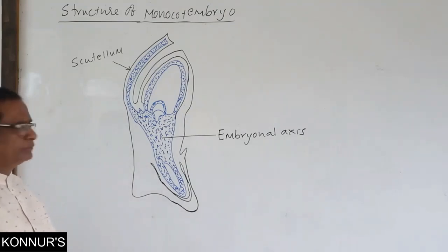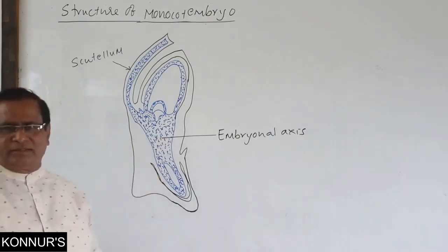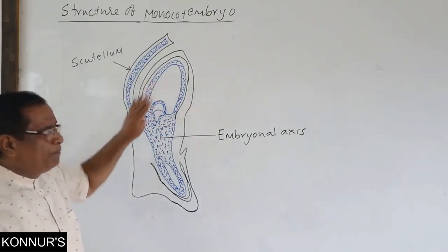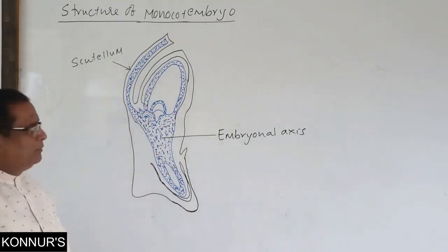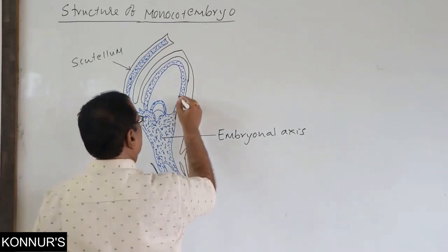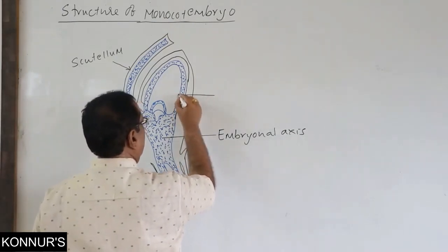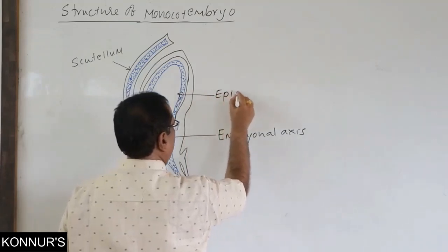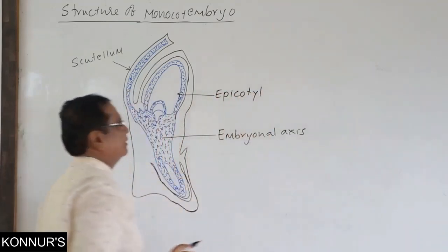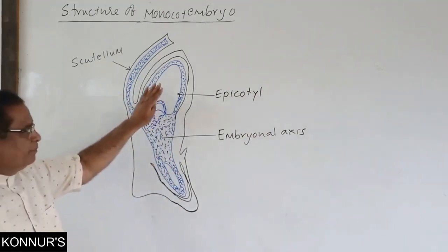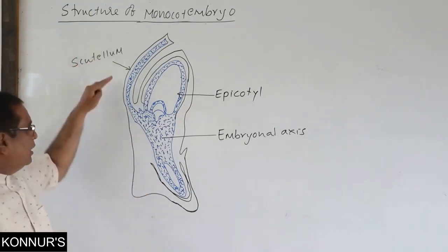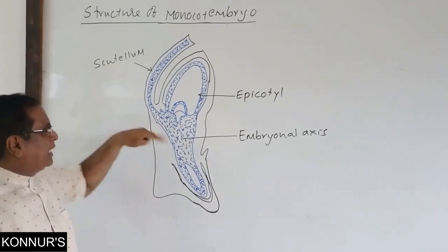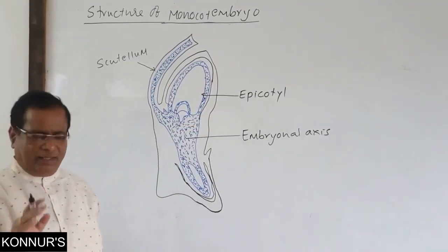Now, in this embryonal axis, a portion of embryonal axis above the scutellum, above the attachment of that scutellum, is named epicotyle.